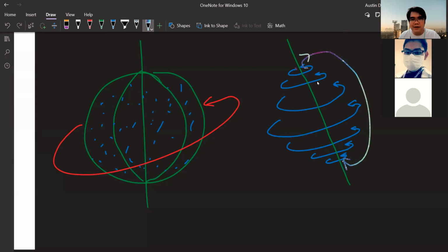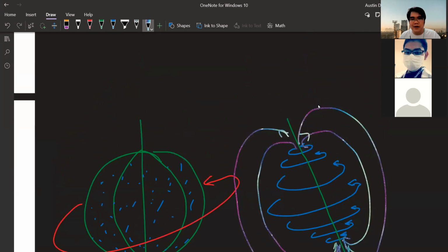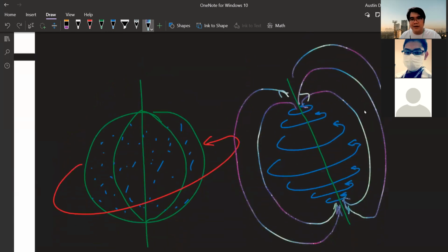Amazing. Nagsi-circle out siya, di ba? Para siyang dipole. Para siyang collection ng dipoles. Kaya tayo may magnetic field na ganyan yung itsura. So, imagine niyo na lang na continuous siya. Ayan, amazing, di ba?